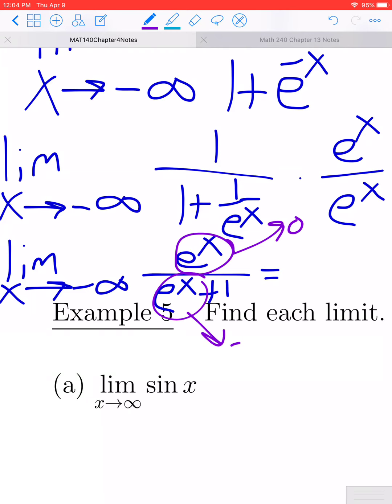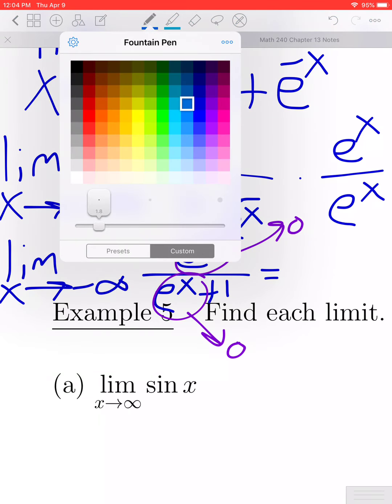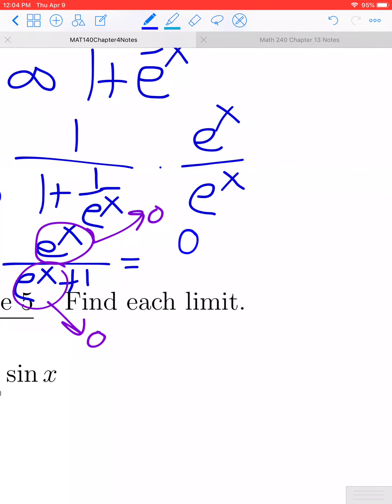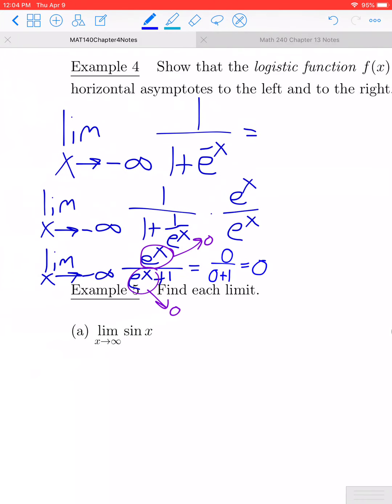This part too is also going to approach 0. And the other part is just a constant. So this limit is going to be 0 divided by 0 plus 1, which is equal to 0. So we do have a horizontal asymptote. As x approaches negative infinity, the graph of f of x would approach the value 0 in the limit.